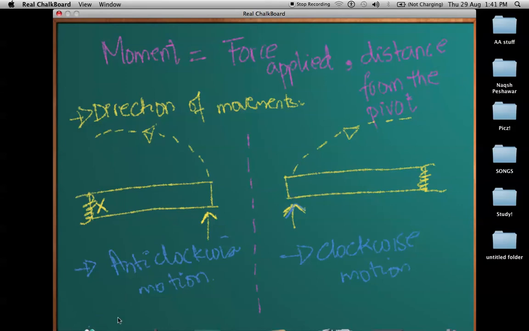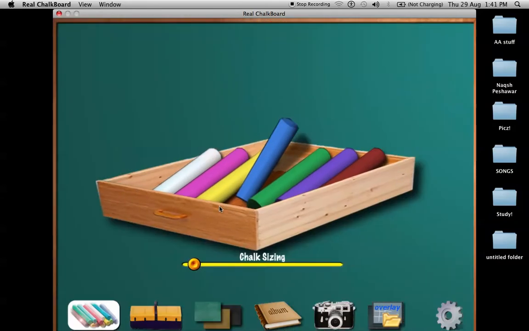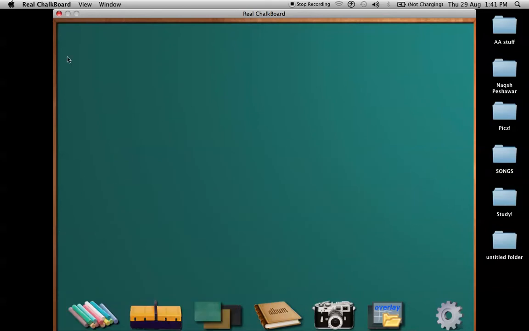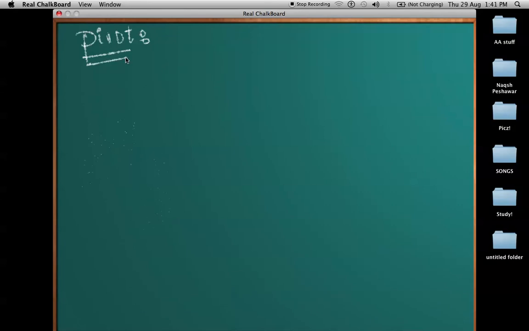Another concept that I want to clear here is regarding a pivot. A pivot is basically, in simple words, a support or a fixed point.